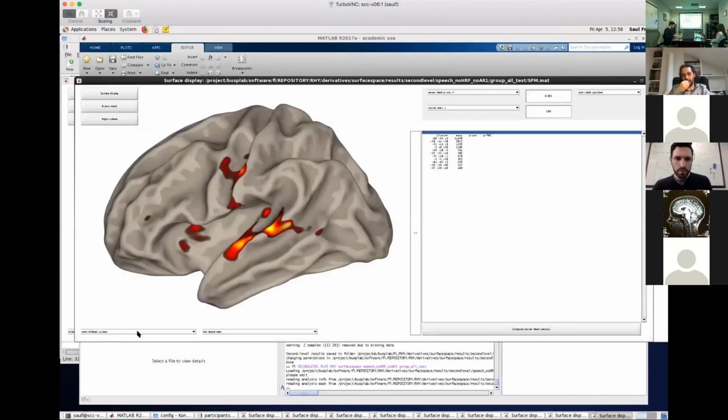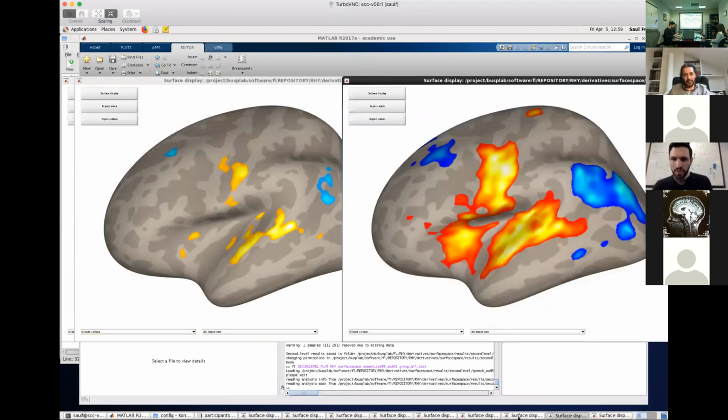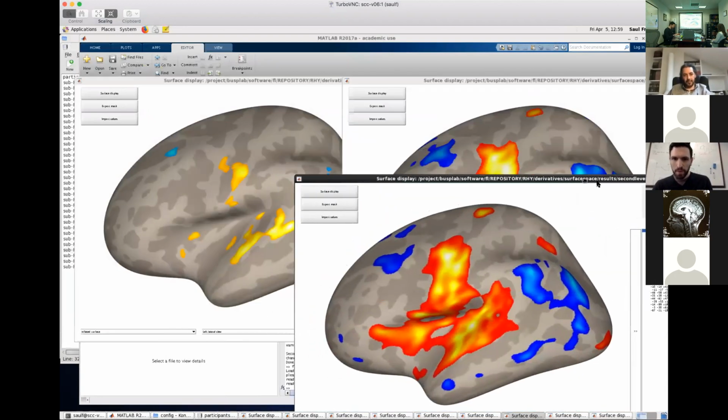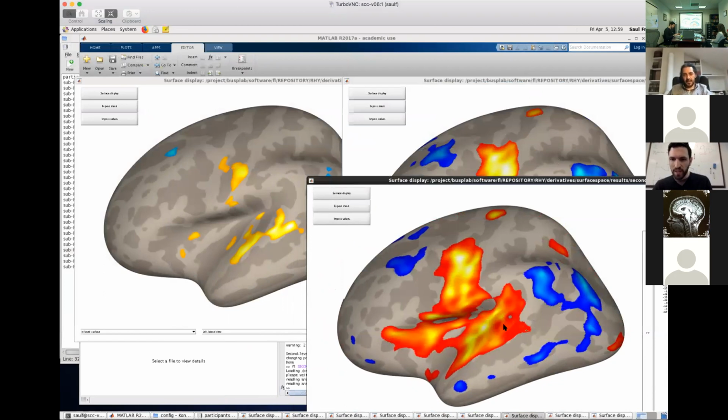If we do this, we get this contrast that, when you look at the peaks of this contrast, lines up pretty well with the differences between these contrasts. So, for example, this spot is visible in the stuttering group, right, but not in the control group.